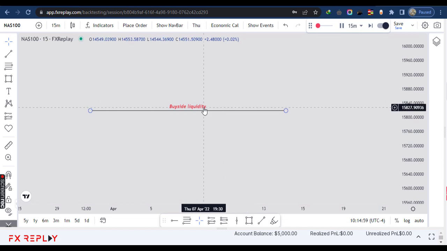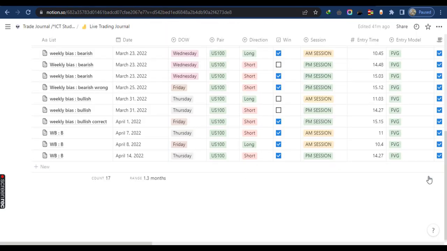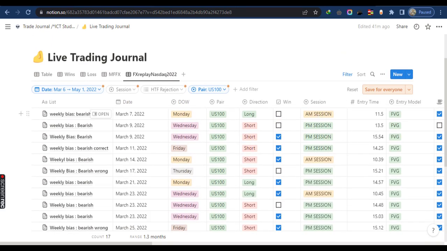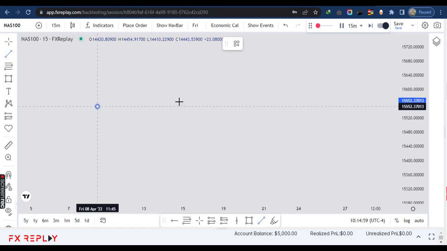Now what I have discovered is that when price takes liquidity, let's just come back here.